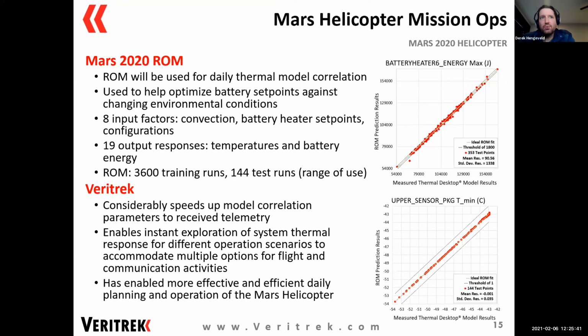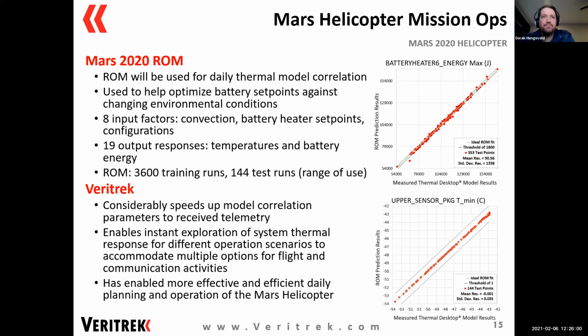It also enables instant exploration of different mission scenarios. We talked about different mission times and different warm-up profiles, and so it allows them to look at those things very quickly, definitely in the time scale that they need.